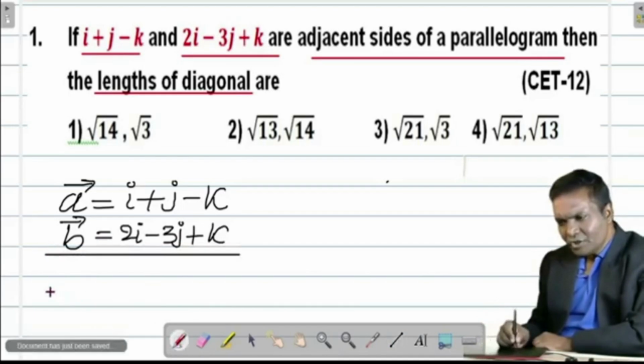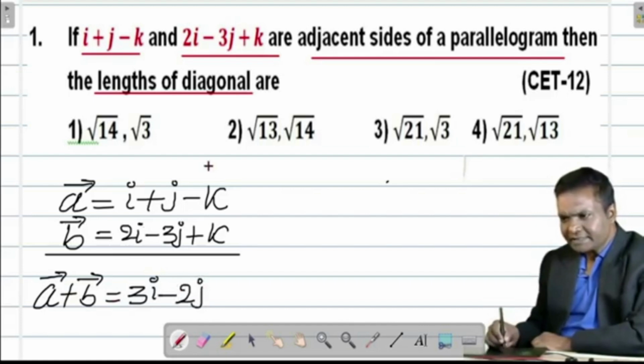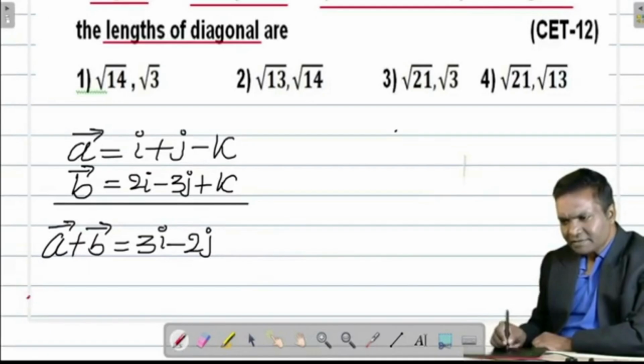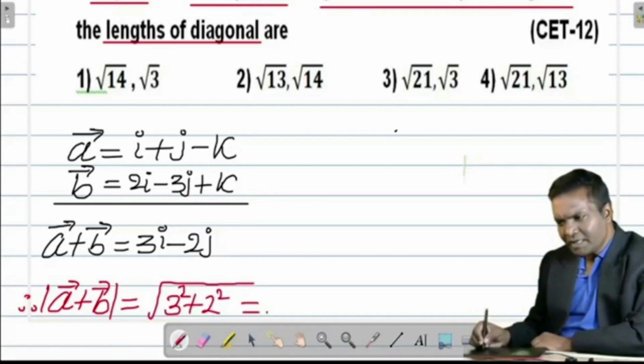Adding, you will get vector a plus vector b, that gives you 3i minus 2j. k cancels. So what will you get? Its magnitude, magnitude of vector a plus b, square root of 3 square plus 2 square, you will get square root of 13. Okay, 9 plus 4 is 13.